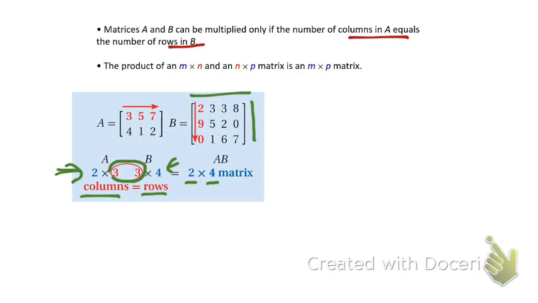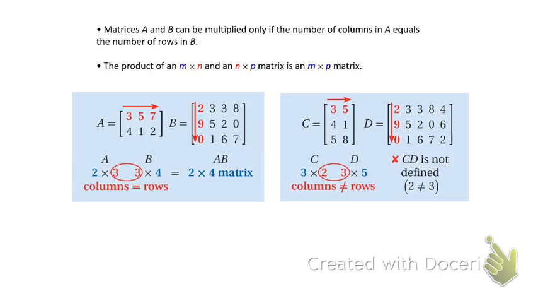Now let's contrast that with this next one. Let's take matrix C and D. The dimensions of C are 3 rows and 2 columns, so it's a 3 by 2. And D has 3 rows and 5 columns. So if we write our dimensions down, C is a 3 by 2 and D is a 3 by 5, and you notice that we do not this time get the match of columns to rows.